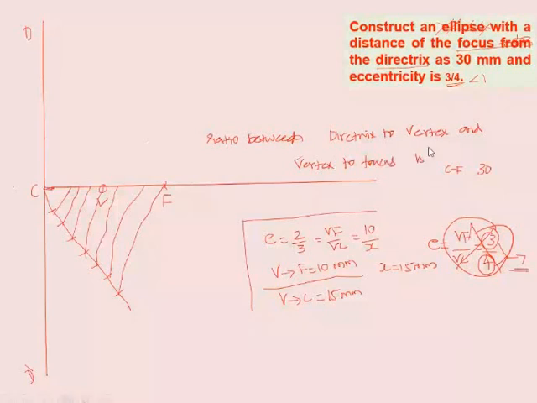Like this, they may give. So which curve is it? Hyperbola. Because they gave the inverse, it is nothing but 4/3. The eccentricity is 4/3 and it is a hyperbola. So that's how things can be twisted.